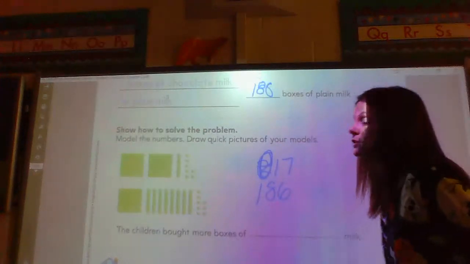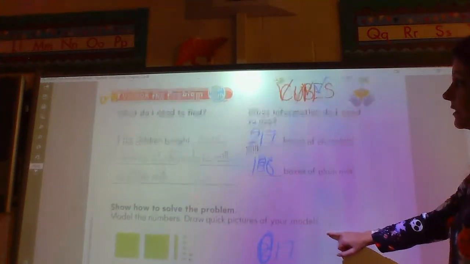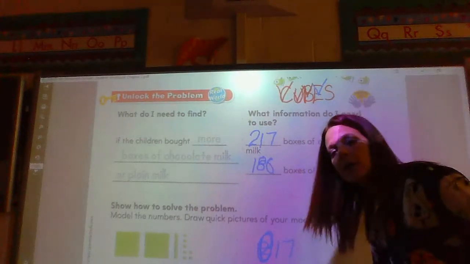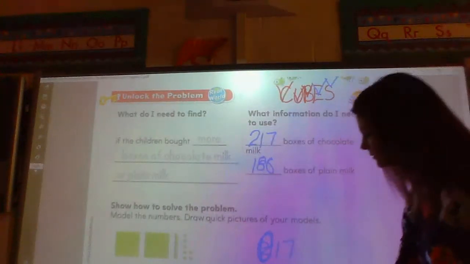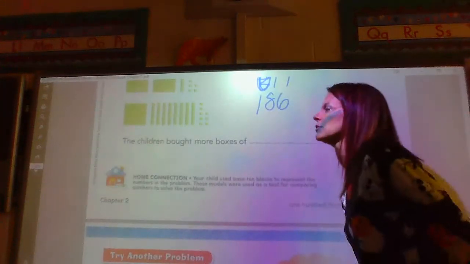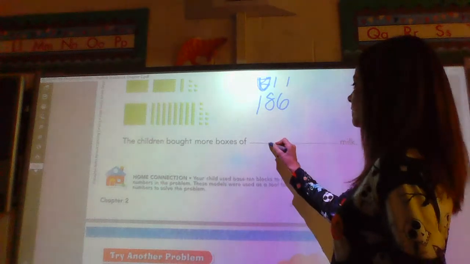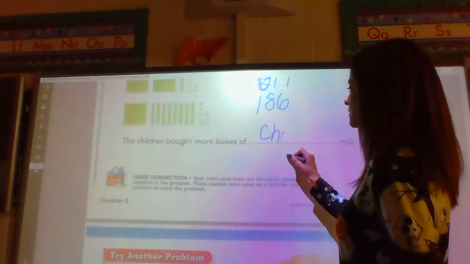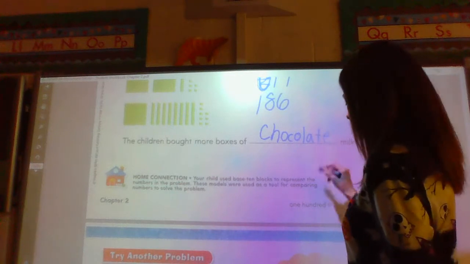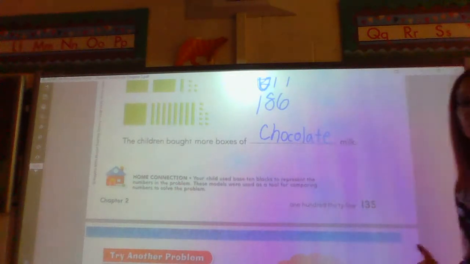So what does 217 go with? Boxes of chocolate milk. Solved. So on my line, we're writing, the children bought more boxes of chocolate milk.